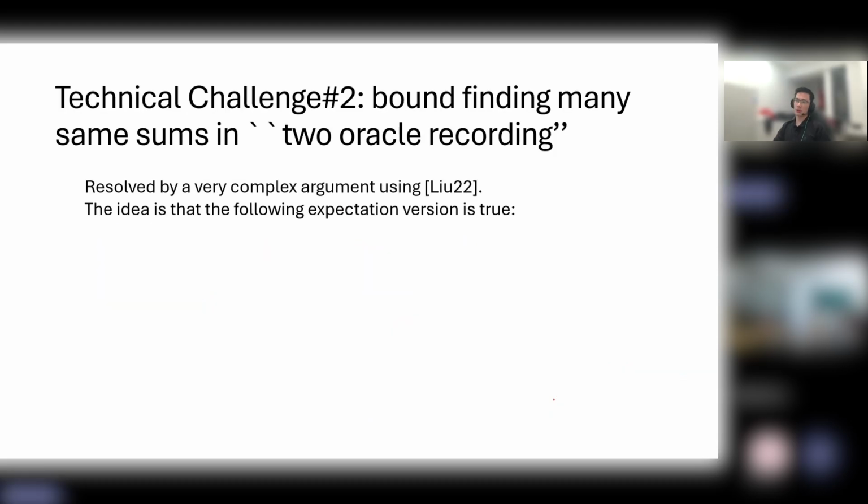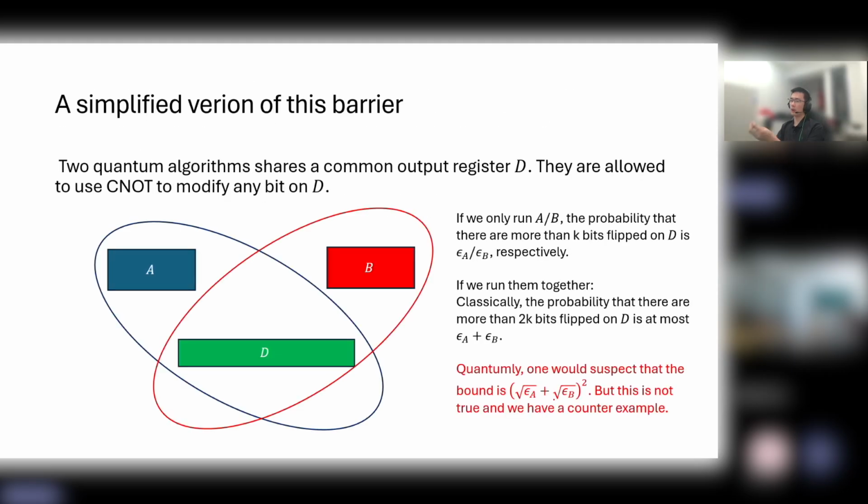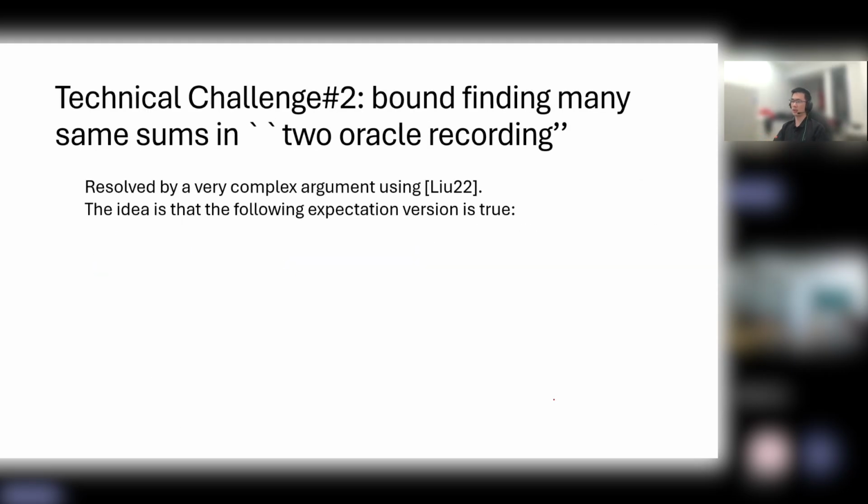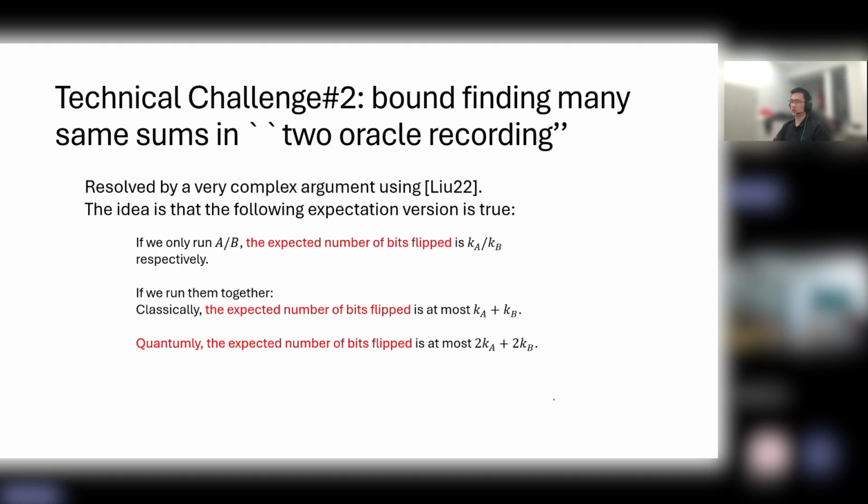To actually resolve this problem, we need a very, very complex argument from a paper previously by Qipeng. The idea is that this tail bound is not true, but the expectation version is true. So if you switch the tail bound into expectation, let's say if you run A, then the expected number of bits flipped is Ka.